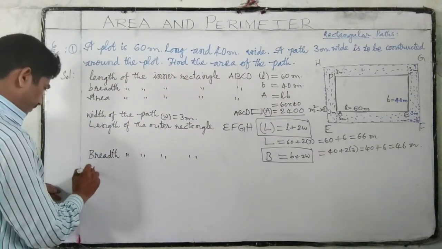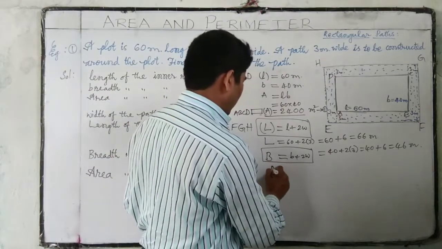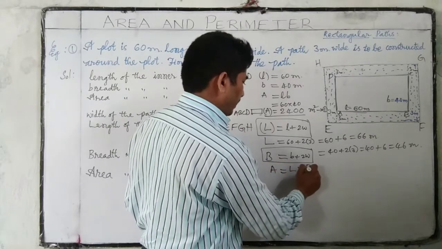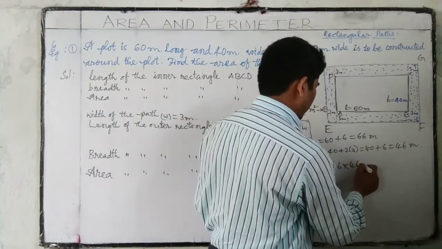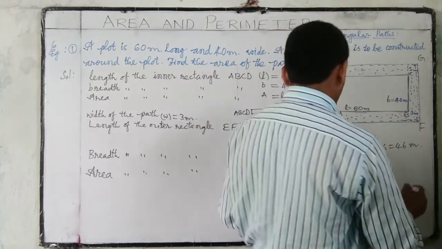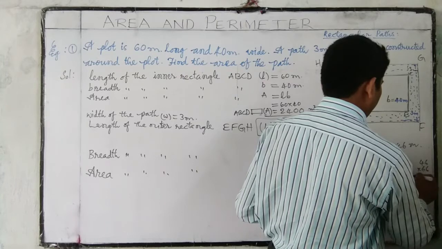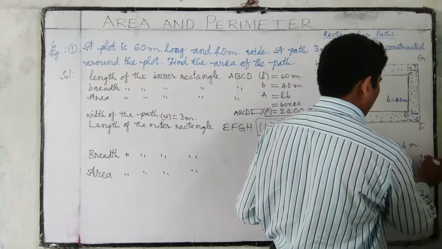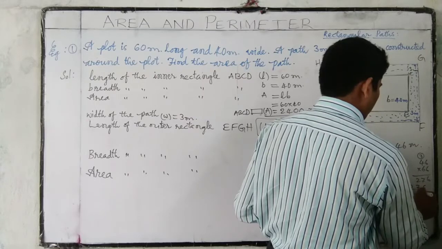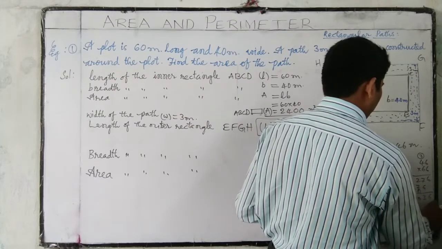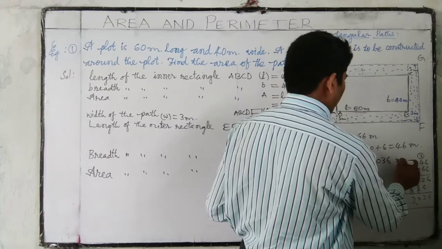Now the area of the outer rectangle EFGH, A is equal to capital L into capital B, 66 into 46. 6 sixes are 36, 6 fours are 24, and so on. The answer is 3036 square meters.